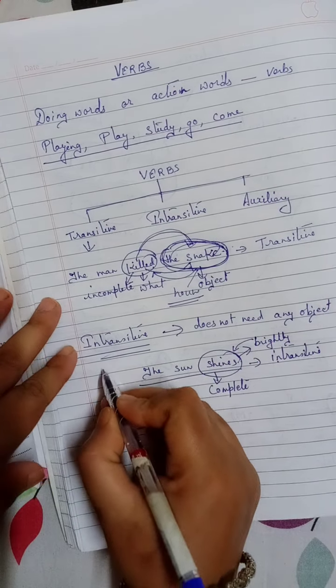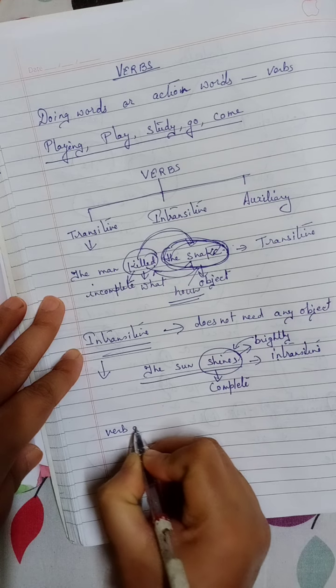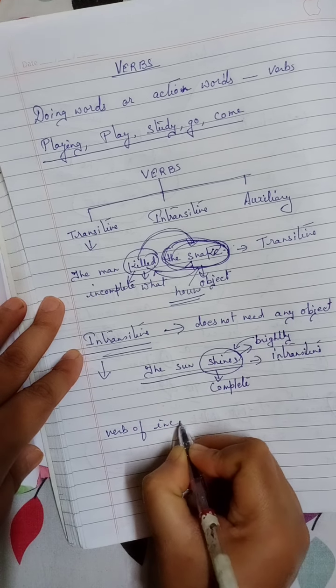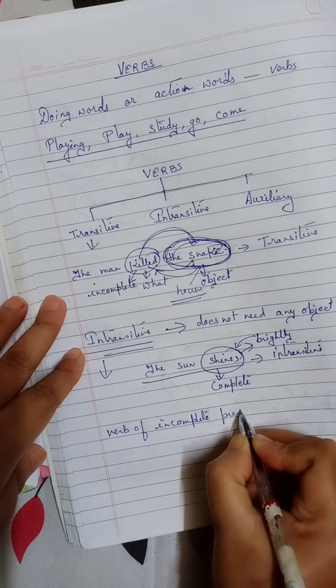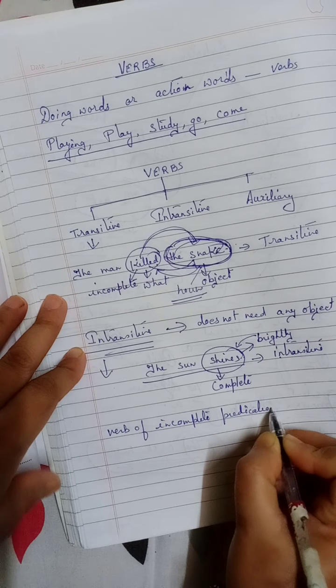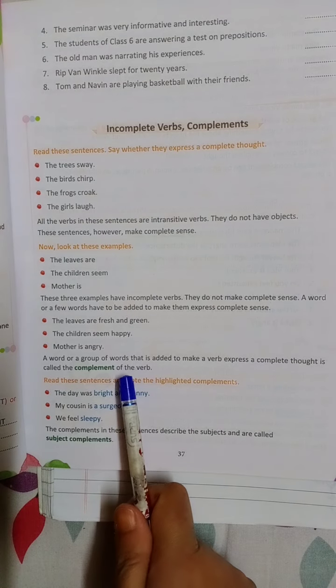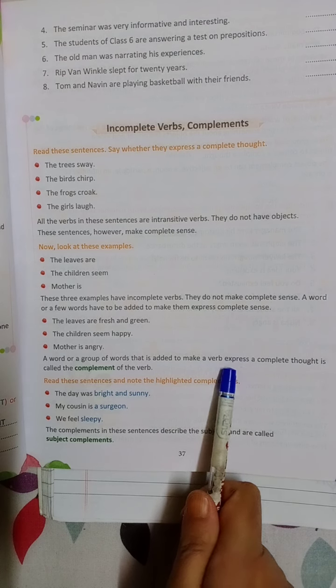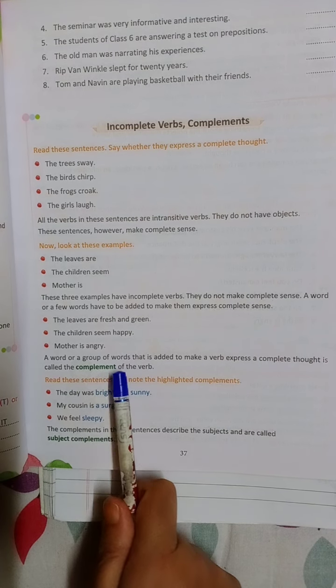Okay, now in intransitive verb only we have verb of incomplete predication. Now what is a verb of incomplete predication? It is in your book only. A group of words that is added to make a verb express a complete thought is called to be the complement of the verb.